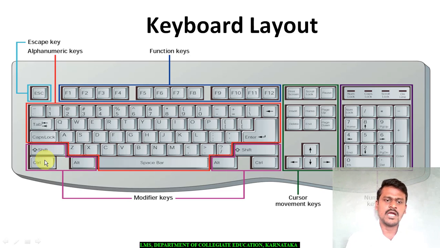And if you press control V, then that text will be pasted in a document. Likewise, they have other functionalities which are specific to documentation purposes, so we call those modifier keys, right?